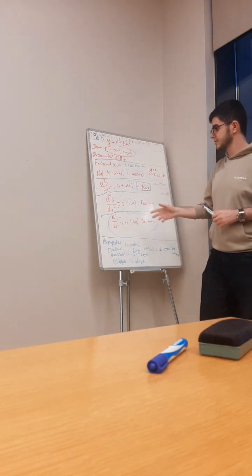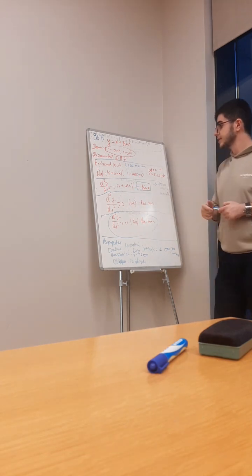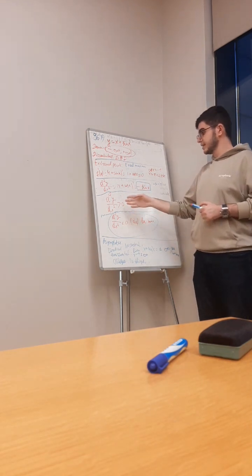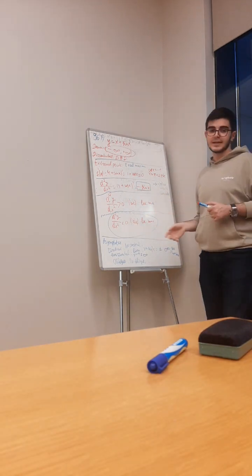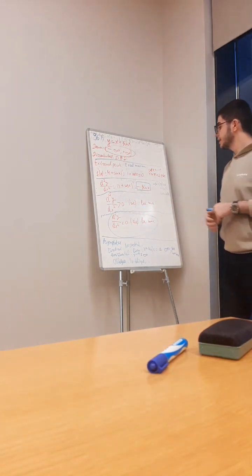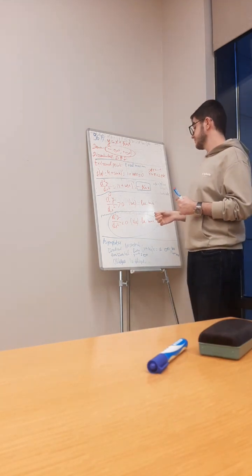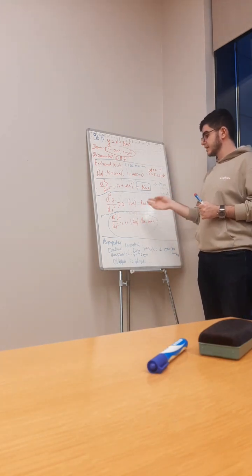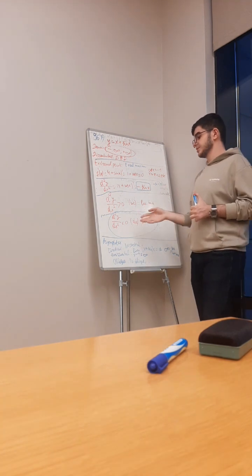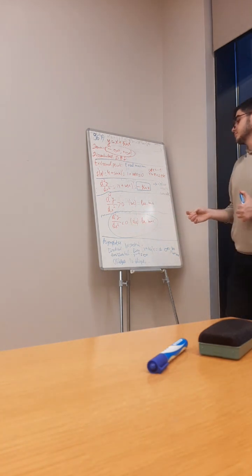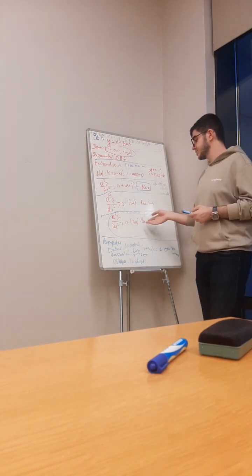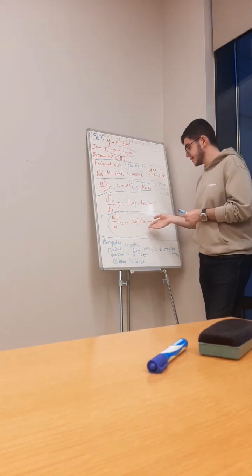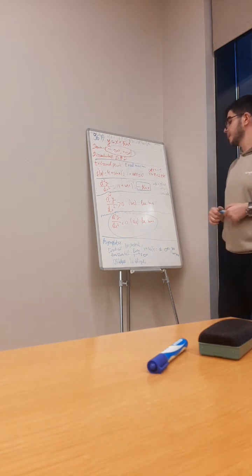And I wrote the rule too. If our second derivative is greater than 0, it's increasing and we have a local minimum. And if our second derivative is lower than 0, it's decreasing, which means a decreasing function, and in that case we have a local maximum.